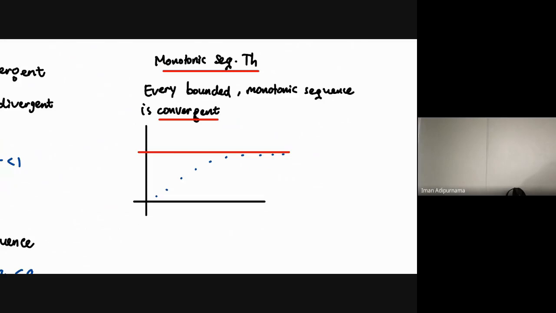If it's only monotonic, it can always increase and not be bounded, so it also diverges. To have convergence, you need both bounded and monotonic.